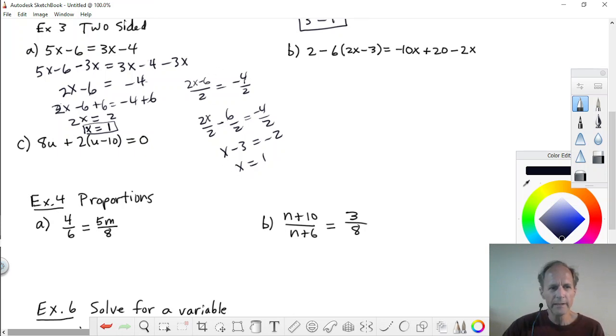From this point right here, the way we did it took 1, 2, 3 steps. This other way would have taken, in this case, 1, 2, 3, maybe 4 steps, not a lot longer. But the only reason it worked as well as it did was this was a whole number.